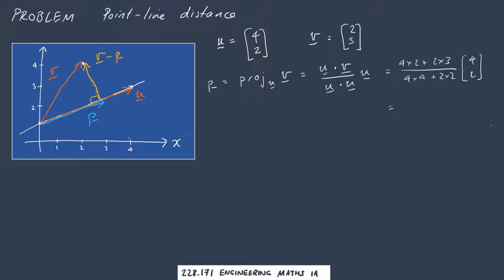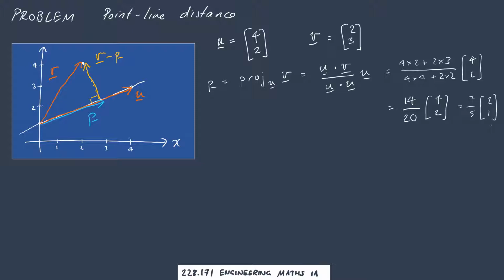Okay, simplifying that slightly, the top row is going to be 8 plus 6 is 14, and on the bottom we're going to have 16 plus 4 is 20 times 4, 2. And I can simplify that slightly by bringing a factor of 2 outside of my vector and then simplifying the fraction. So it'll be 28 over 20, which will become 7 over 5 times 2, 1.